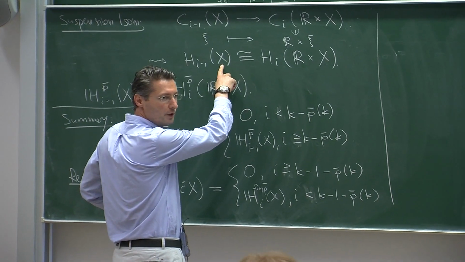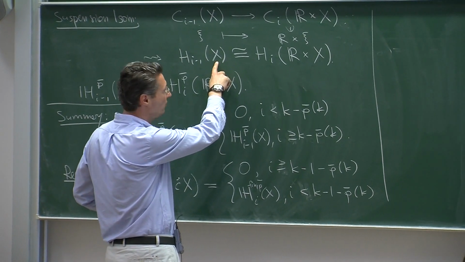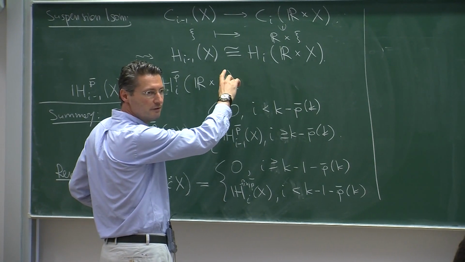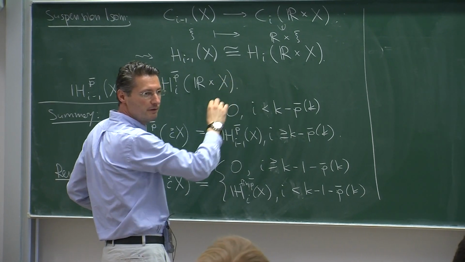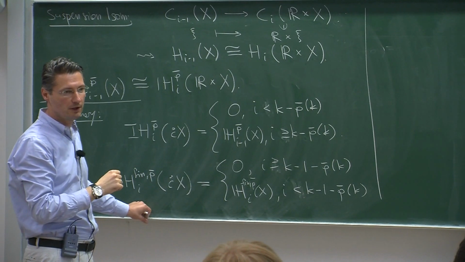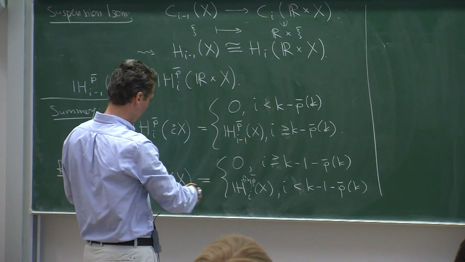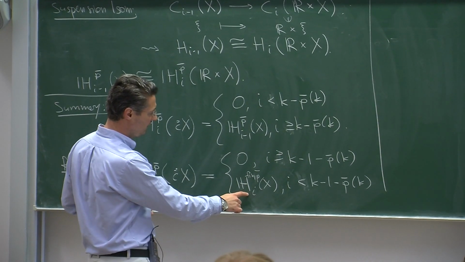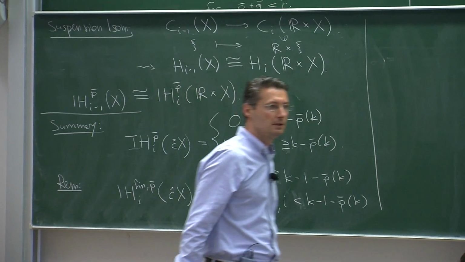Therefore, for ordinary homology, since that's a homotopy invariant, this must be isomorphic without a degree shift. So there's no degree shift here, and correspondingly there's no degree shift here. So it really must be IH i.